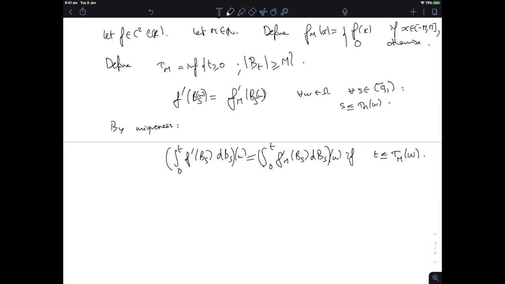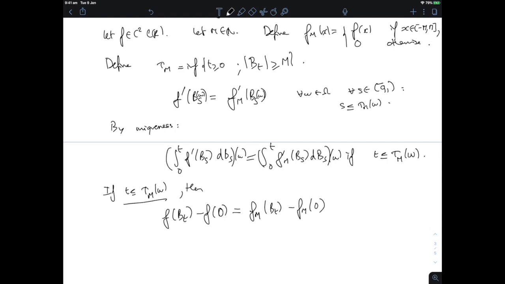So what have we got? We've got that if t is smaller than tau_m(omega), then f(B_t) minus f(0) is f_m(B_t) minus f_m(0). And by the Ito formula for the compactly supported case, we get that this is equal to the integral from 0 to t of f_m'(B_s) dB_s plus 1/2 of the integral from 0 to t of f_m''(B_s) ds.